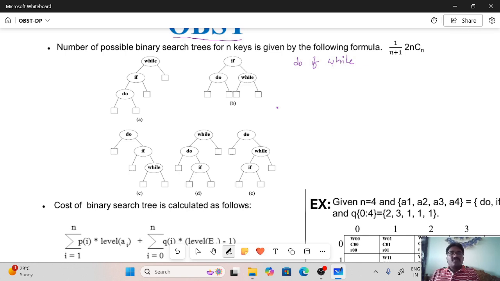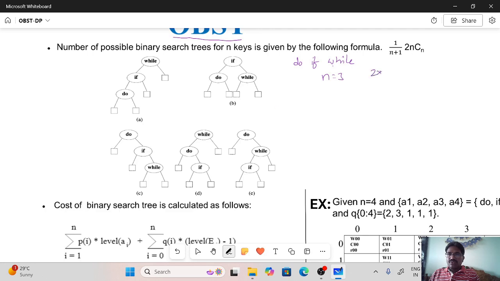If you are given n keys, how many binary search trees are possible to construct? Remember, 2n Cn by n plus 1. In other words, 1 by n plus 1 of 2n Cn. For example, here our n is 3.